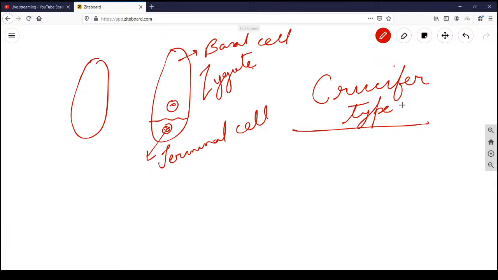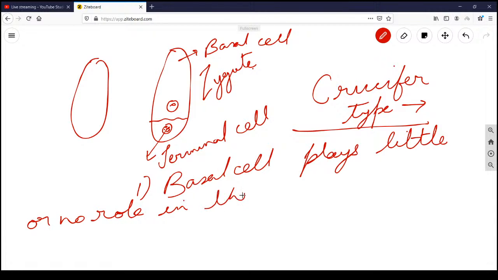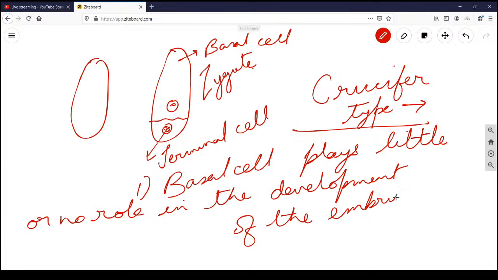That is the crucifer type of embryo in NCERT. So that is the meaning of crucifer type.